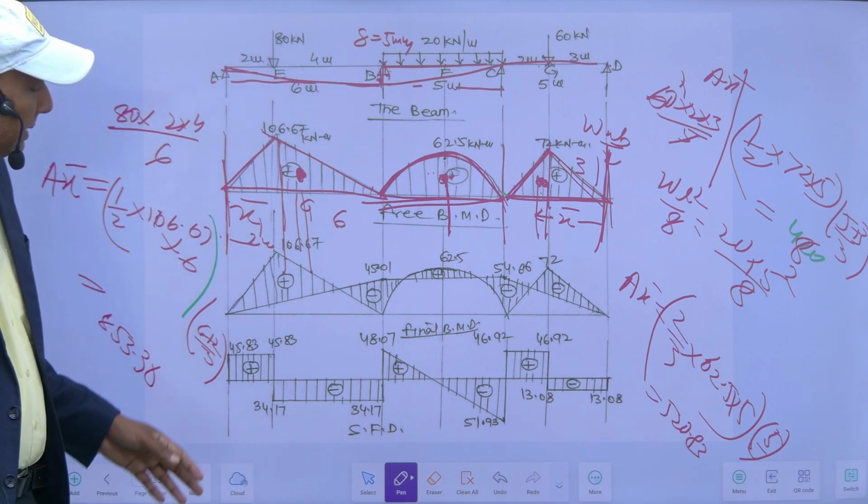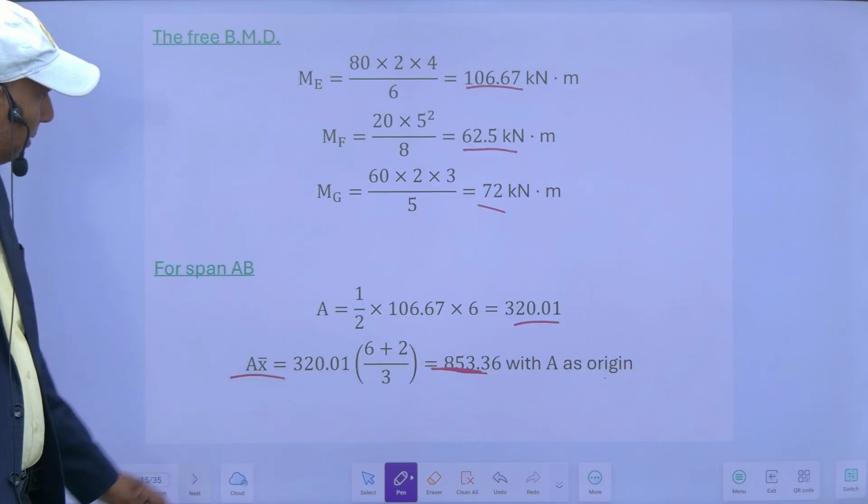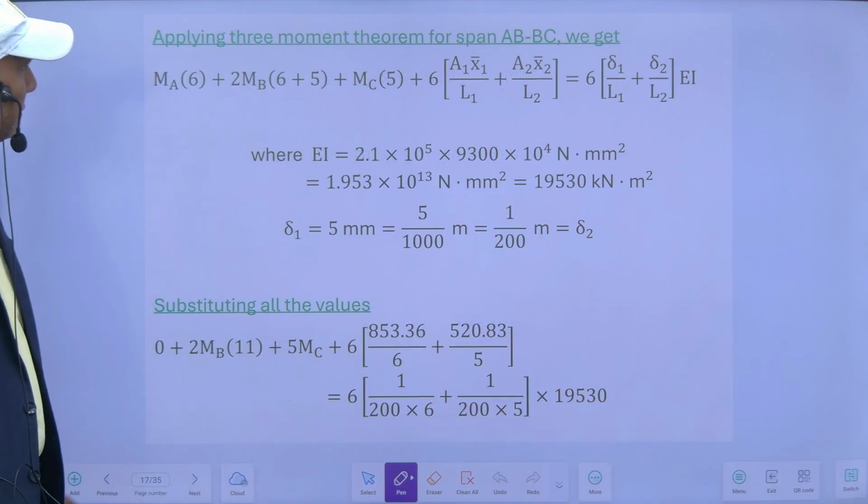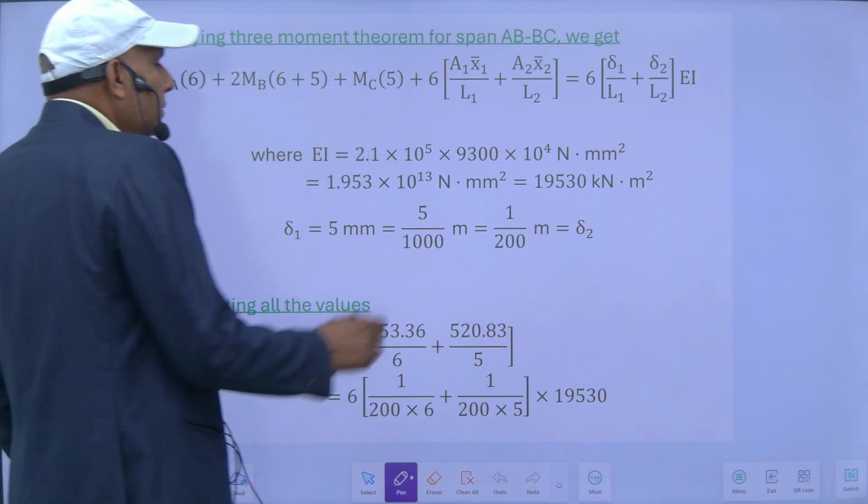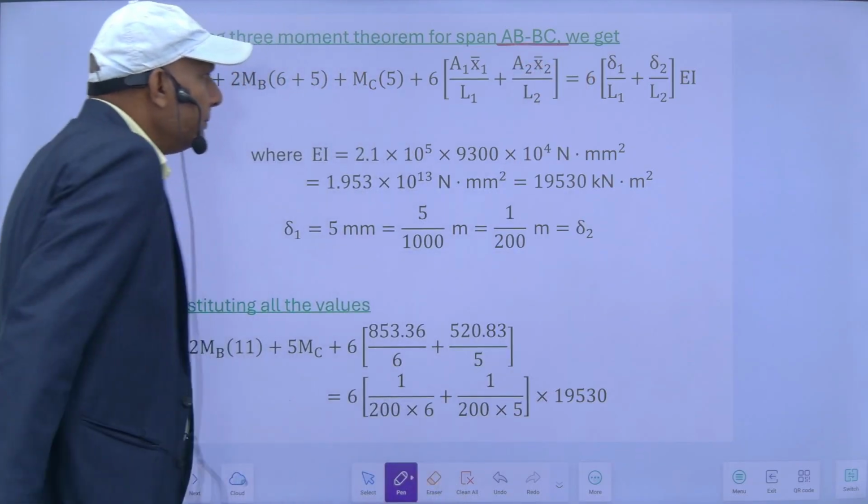Then I will apply the three moment theorem, applying it for spans AB and BC.